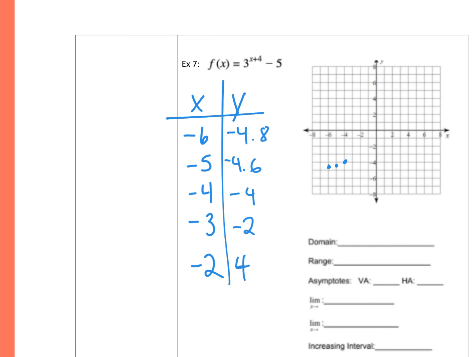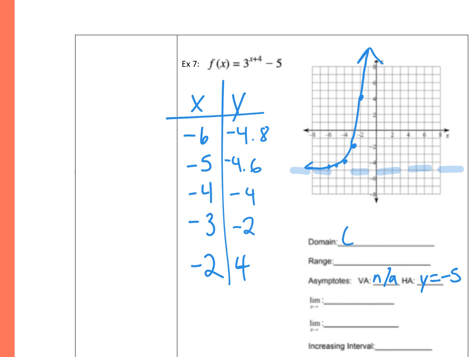This one's going to be a little different than what we've seen before, isn't it? So then we have a line that looks like this. Our asymptote's going to be where? Yep, the -5. That's our K. Y is -5. No vertical asymptote, right?